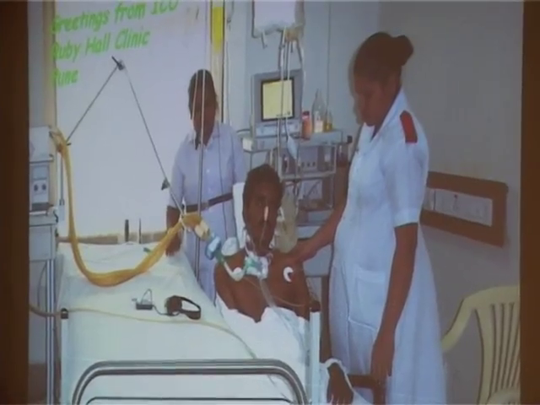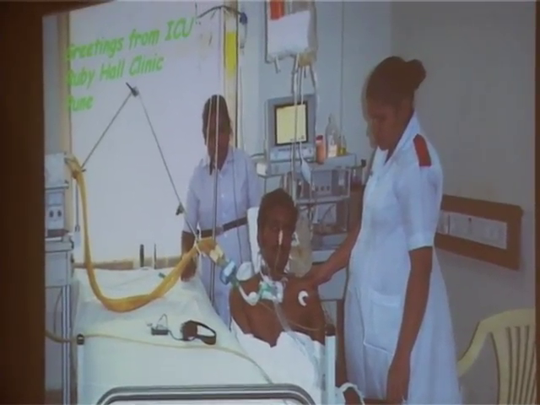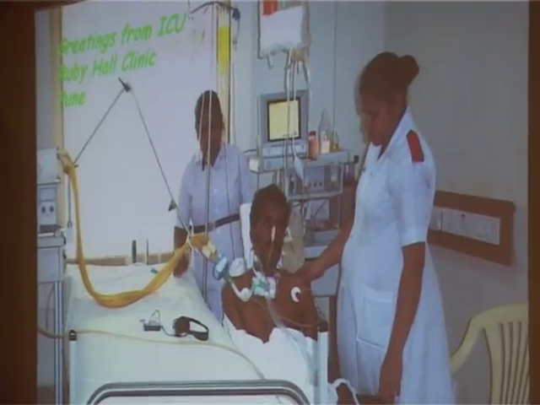What do you think are the important things in this picture? Patient is having tracheostomy. Patient is not in bed. He is having support of parenteral nutrition. He also has an RT. What else strikes you? This continuous suction system.